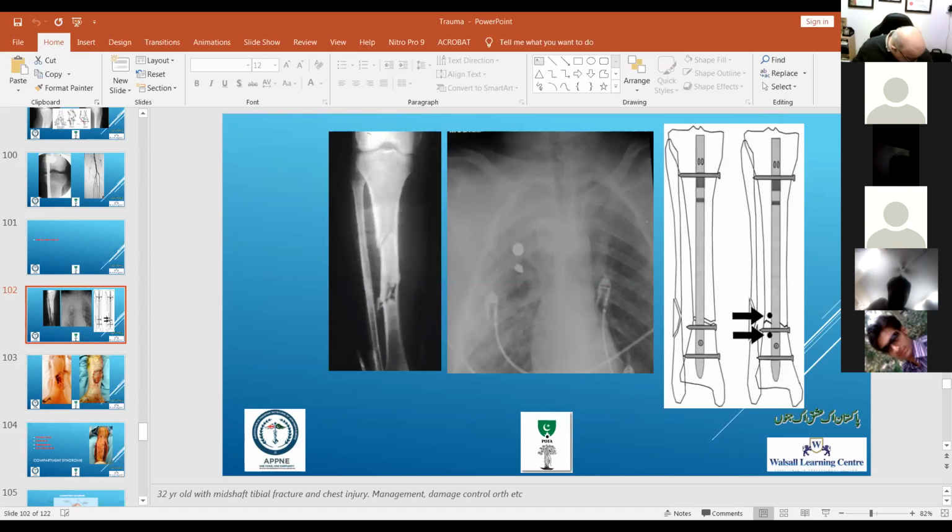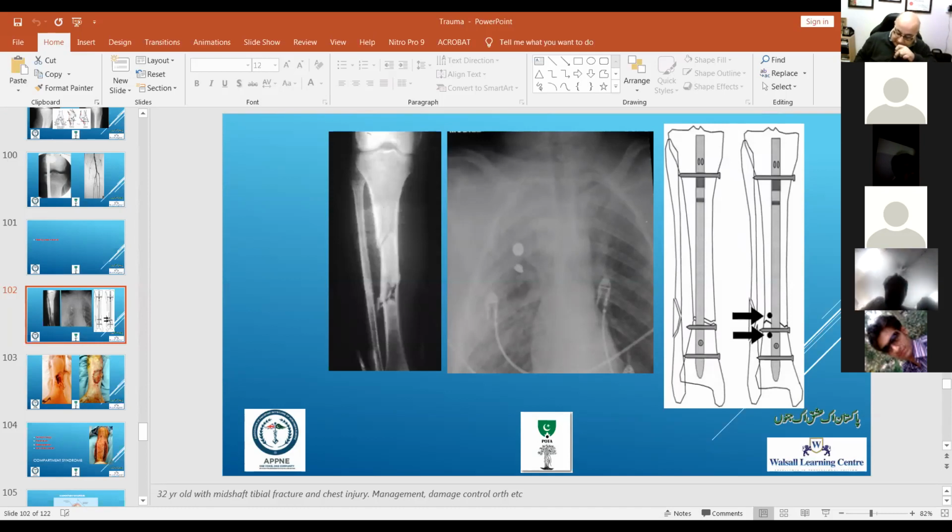Sir, when the patient is initially traumatized, and you are giving him a second physiological trauma by doing surgery in that phase. Okay, so what happens then? Sir, the inflammatory response further goes into a vicious cycle.